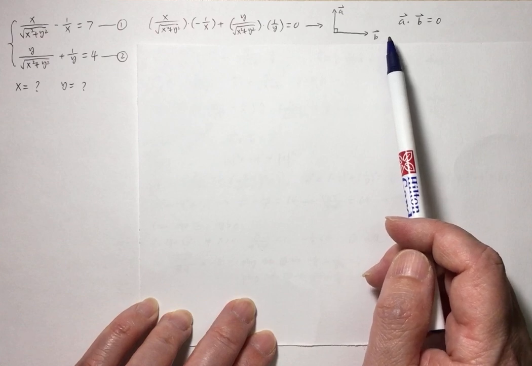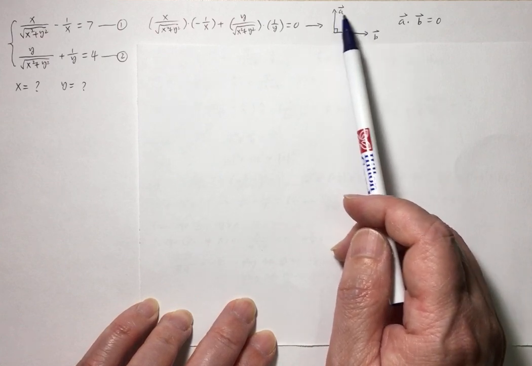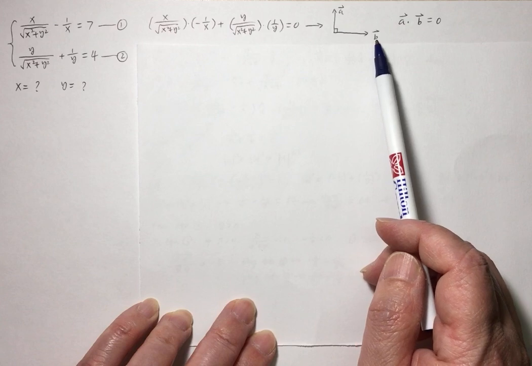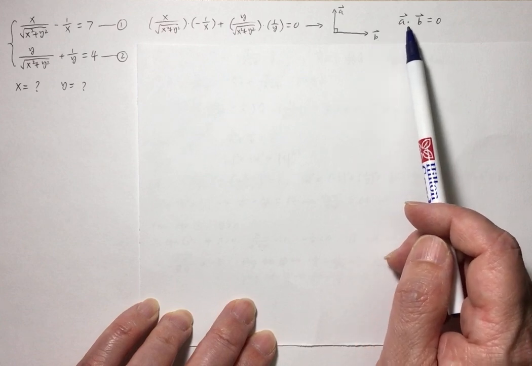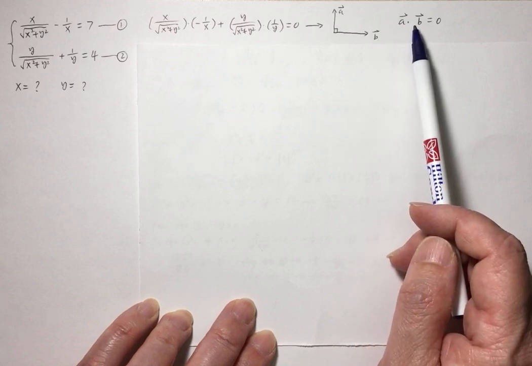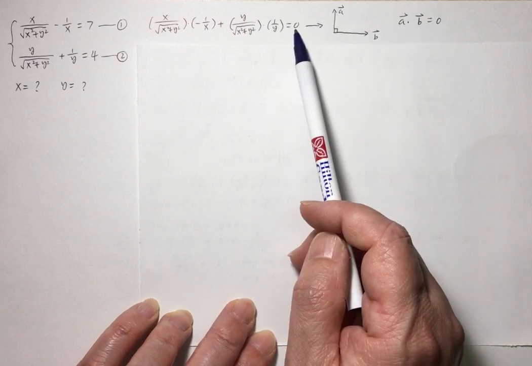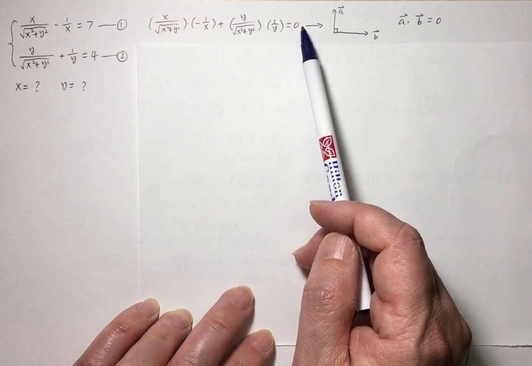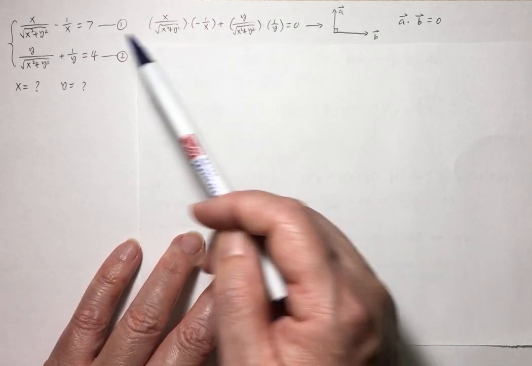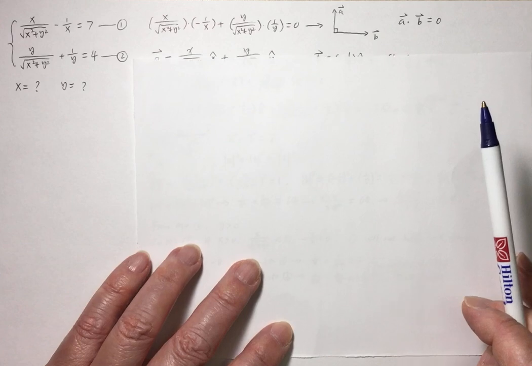So we can assume there's a vector A and there's a vector B, and vector A and vector B are perpendicular to each other, so their dot product is 0, which corresponds to 0 here. So now we take a look at the equation again.